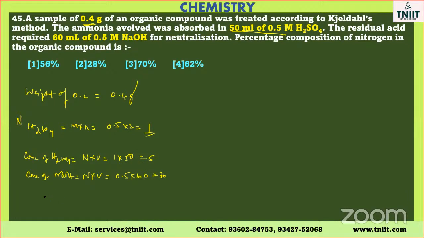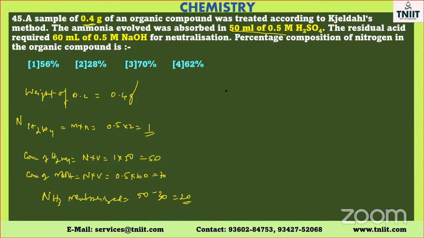So the amount of acid neutralized by ammonia will be equal to 50 minus 30. So 20 ml of sulfuric acid will be left out.